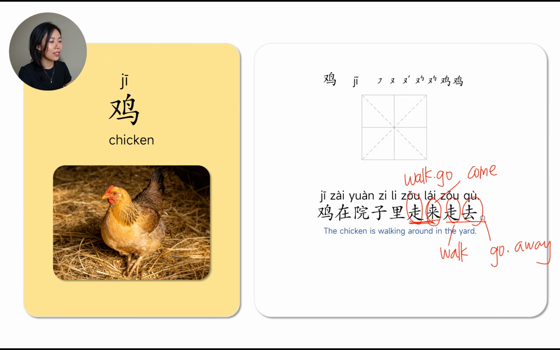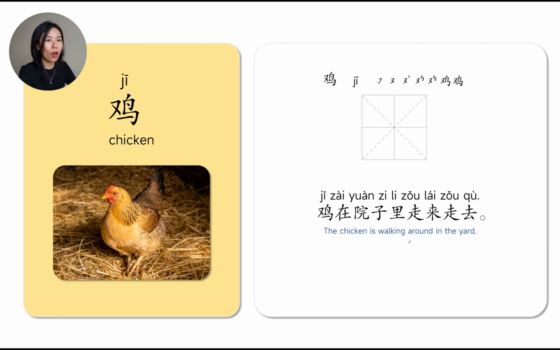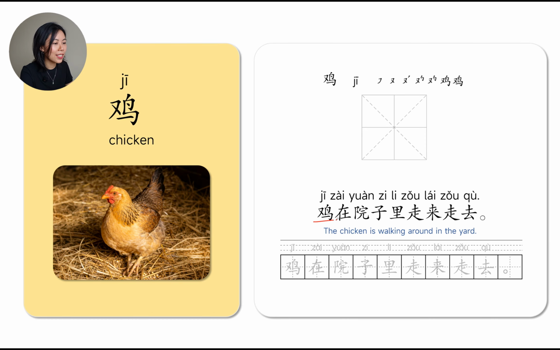So 走来走去, you can imagine there's a chicken, come close, walk away, come close, walk away. So that's walking around. Okay? So 走来走去 just means walking around, come and go, come and go. Alright? Okay, so the whole sentence. 鸡在院子里走来走去. That's chicken in the yard, come and go, walking around.